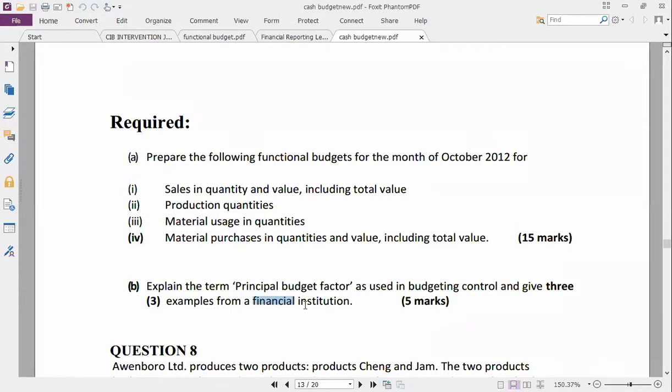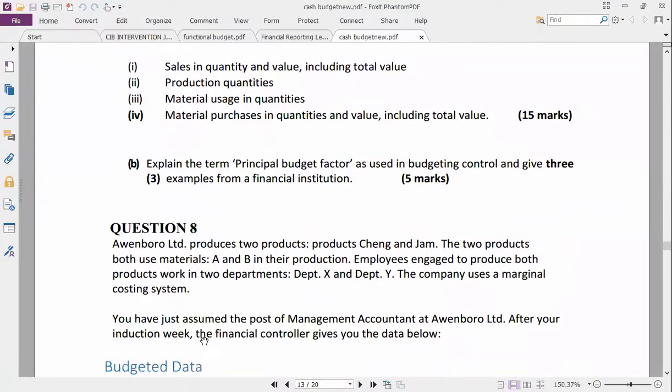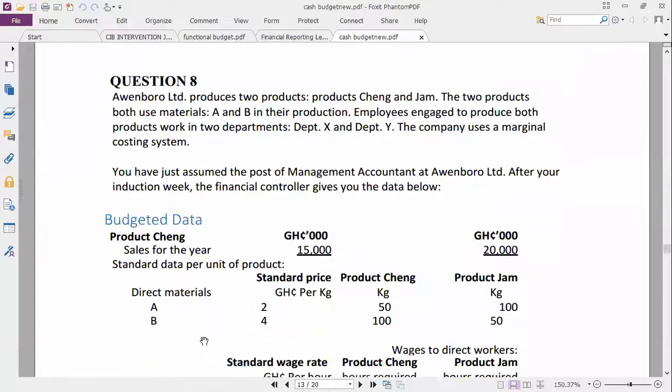Mostly you have to tell us something like customers, facilities, equipment, technology, and labor, staff, of course. So kindly try that one for me. And question 8 is coming directly from one of your past questions.